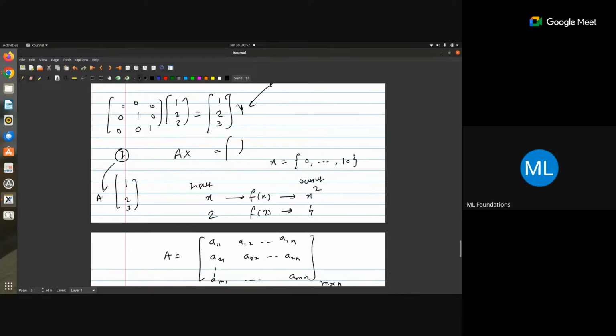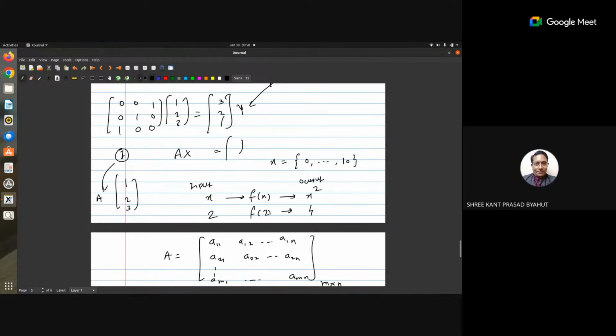But if, instead of this, I use this matrix, what is going to happen here? It will invert, it will be 3 2 1. Is it an invert, or is it something else?